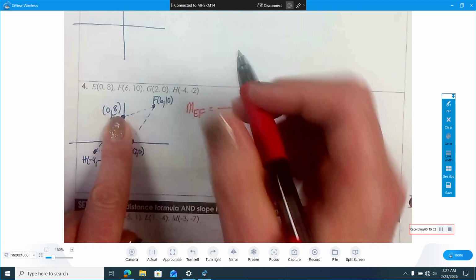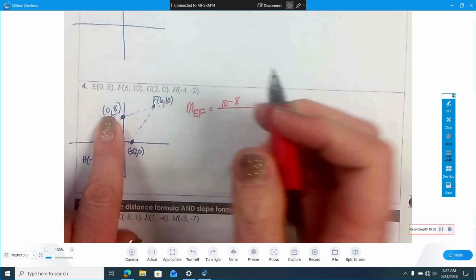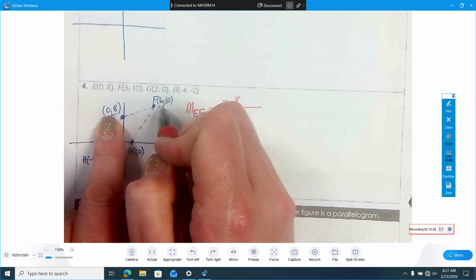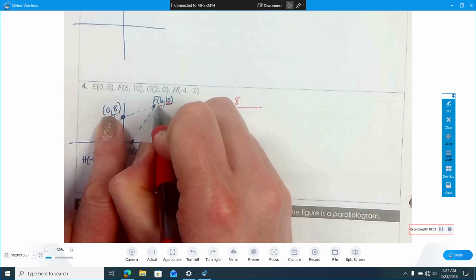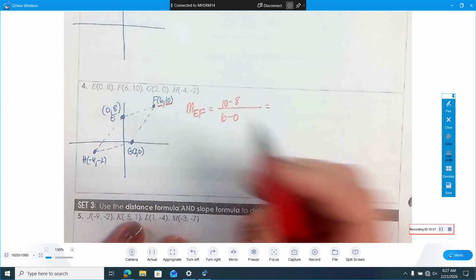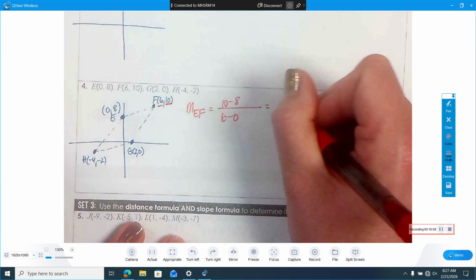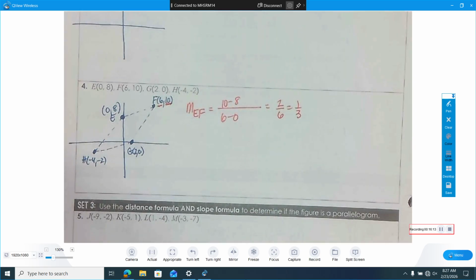So I'm going to do 10 minus 8 over what minus what? 6 minus 0. Yeah, 6 minus 0. Order matters here. I started with the 10, so we're going to start with the 6 on the bottom. Make sure you start from the same place. All right, 10 minus 8 is 2 over 6, which is a slope of 1/3.